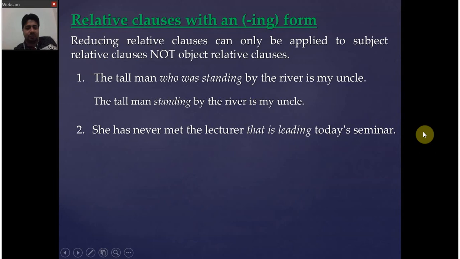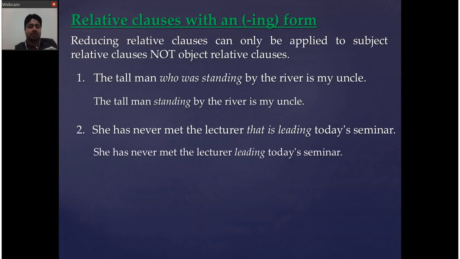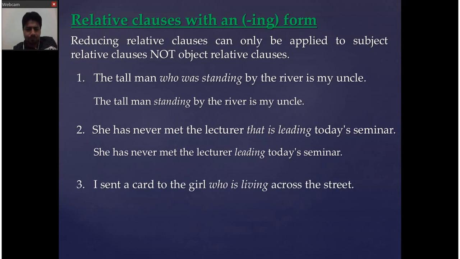Another example: she has never met the lecturer that is leading today's seminar. Again, we can make it shorter by saying she has never met the lecturer leading today's seminar. I sent a card to the girl who is living across the street. Right? We can make it shorter by saying I sent a card to the girl living across the street.